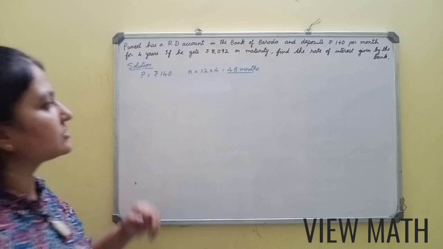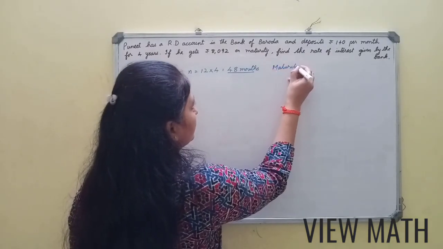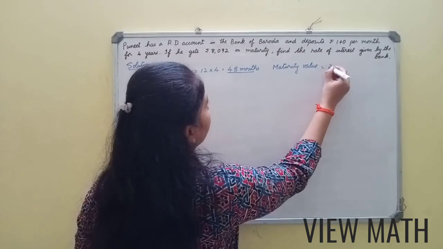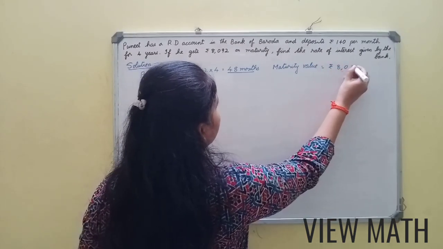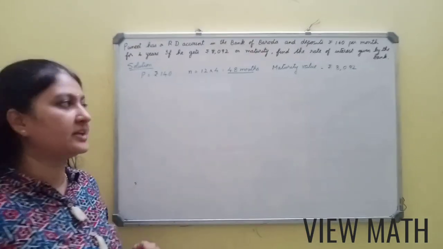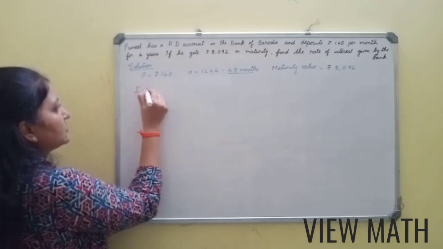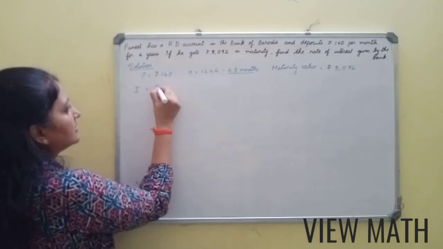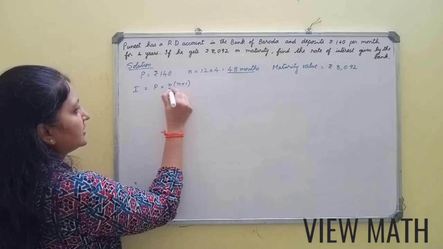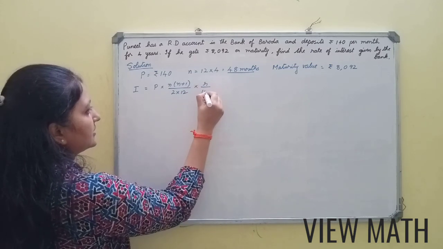Next, they have given the maturity value. Maturity value is equal to rupees 8,092. They are asking us to find out the rate of interest. The same procedure. Let me find out interest. Use the formula P into N into N plus 1 by 2 into 12 into R by 100.